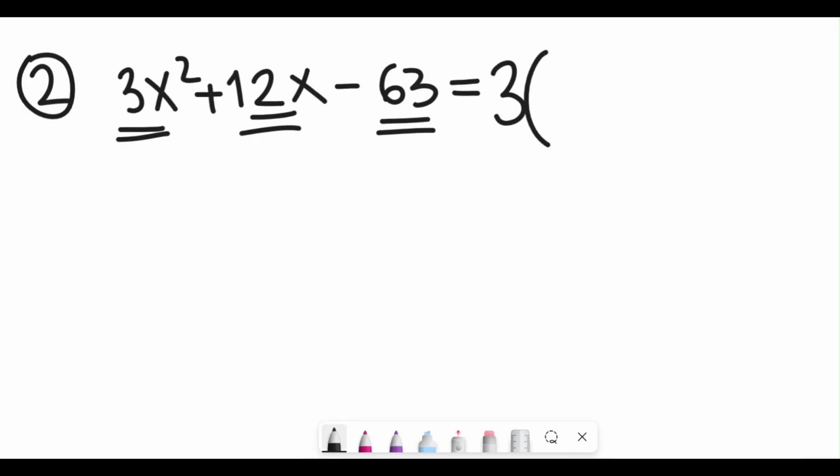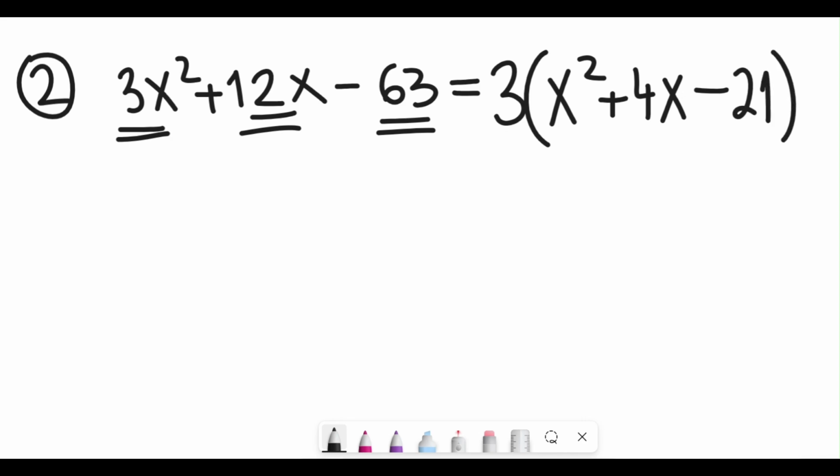What's left in brackets? 3 multiplied by x squared, 3 multiplied by 4x, and 3 multiplied by negative what to give us 63? It is 21. So what we have to do is factor x squared plus 4x minus 21.